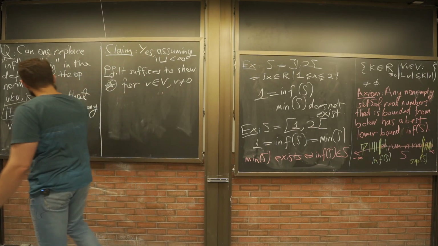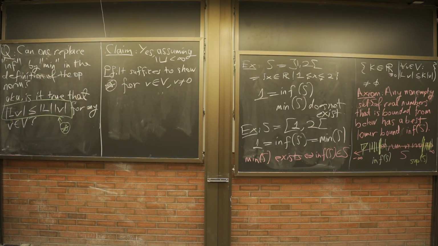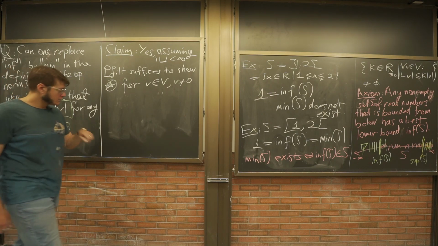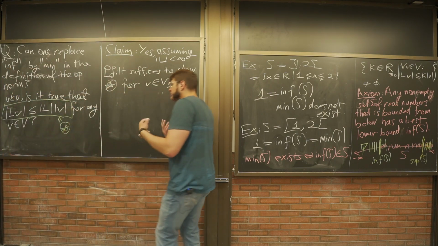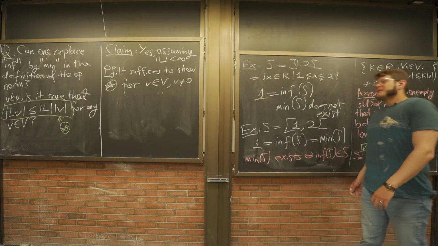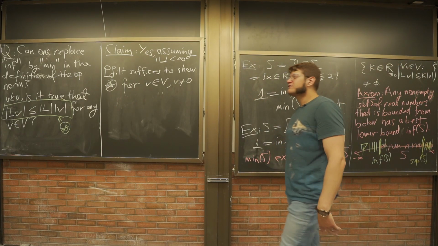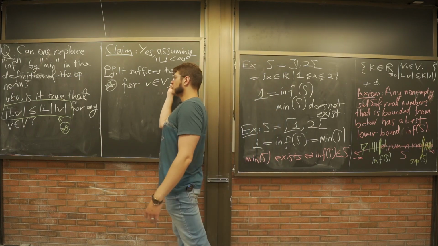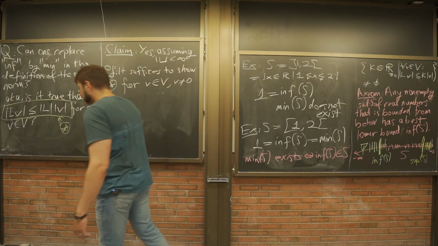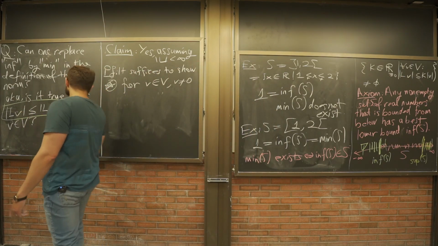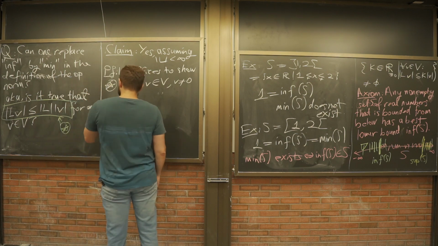Well, in that case, what I can do is I can take this norm and send it to the other side as a division, as a ratio, right? As a denominator of a ratio. Because I know that by the definition, by one of the axioms that specifies a norm, the norm of a vector is 0 if and only if the vector itself is 0. Which means that insofar as I look at non-zero vectors, I can take this to the other side.